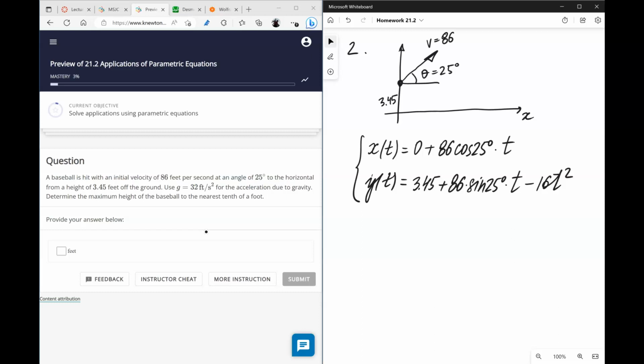Now, to find the maximum height, I guess there are two ways. Analytically, what we would do is differentiate the y, and we would get this.